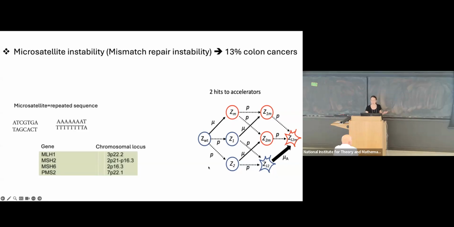These cells are denoted by stars here, but to get here, it doesn't just take one mutational event. This is wild type. You have to go 1, 2, and only then are you a mutator. And then you have a really fast rate to create the mutant. So it's a higher cost to go from wild type to mutator. So what is faster? To go 1, 2, and be a mutator and now fast, compared to just one step.